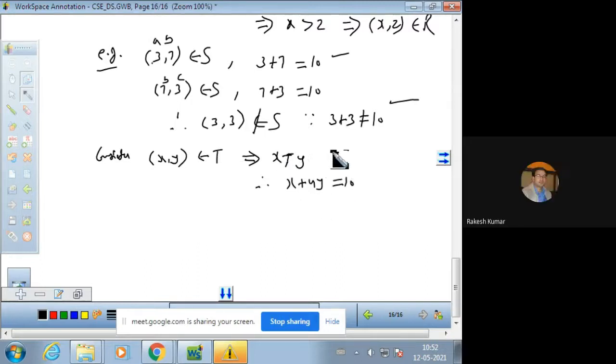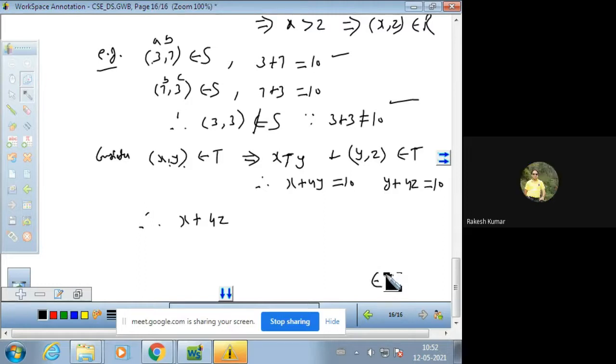And similarly, we can take (y, z) belonging to T, then y plus 4z should also be 10. Therefore, by the transitive property, x plus 4z should also belong to T. That means T will hold when it comes out equal to 10. Let us check whether it comes out to be equal to 10 or not.